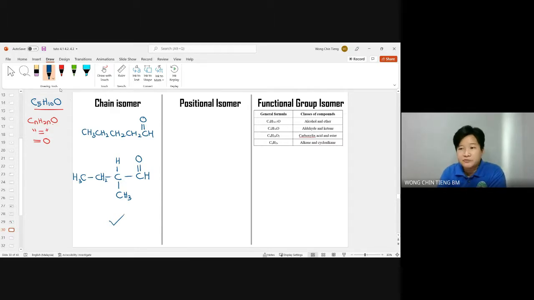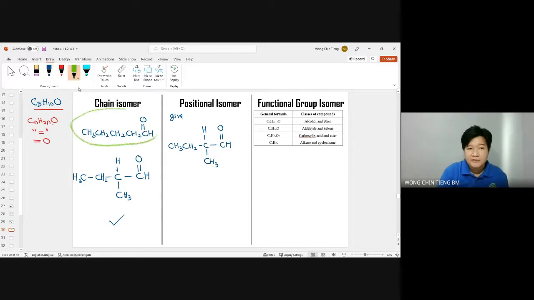I want to make the restriction just now. I want the positional isomer of this. Okay, I want the positional isomer of this. Kenapa saya nak bagi positional isomer untuk dia? Saya nak guna sikit this one. For this one, can this thing have positional isomer?